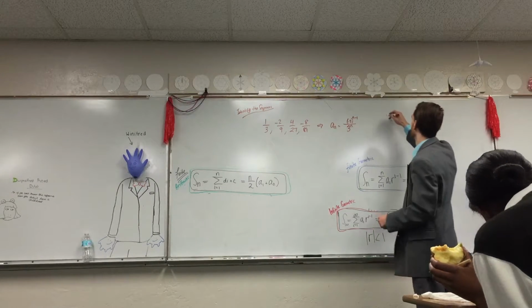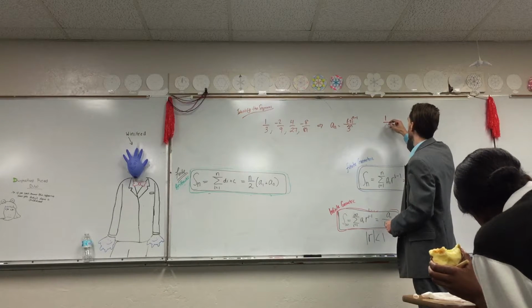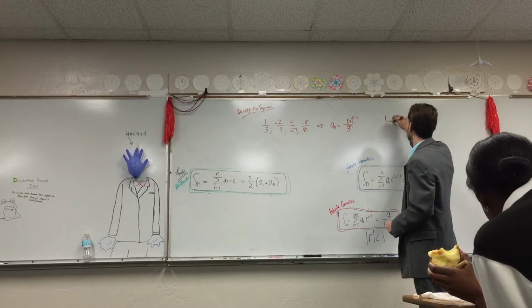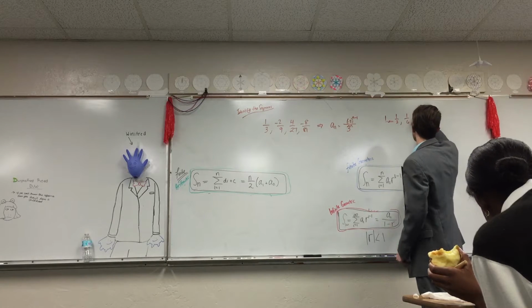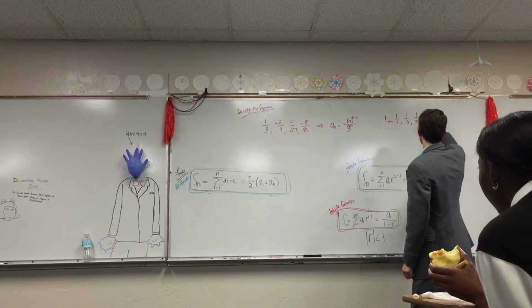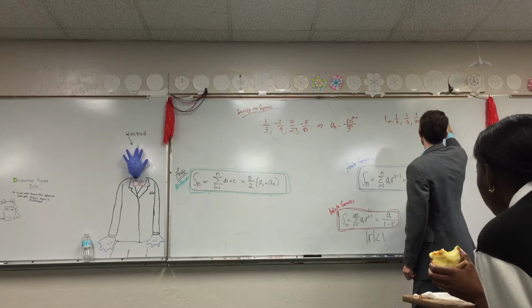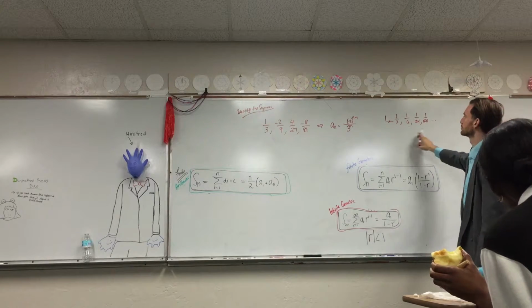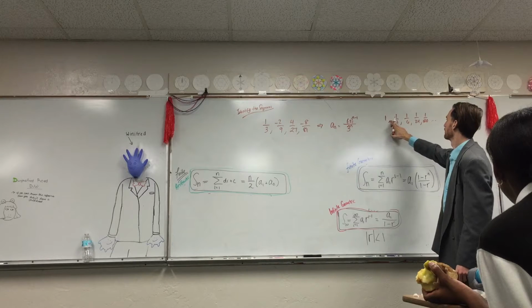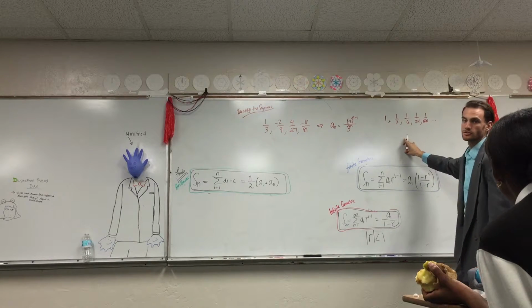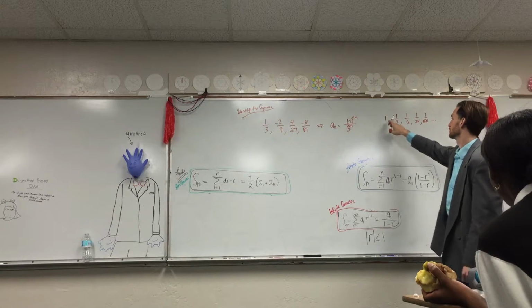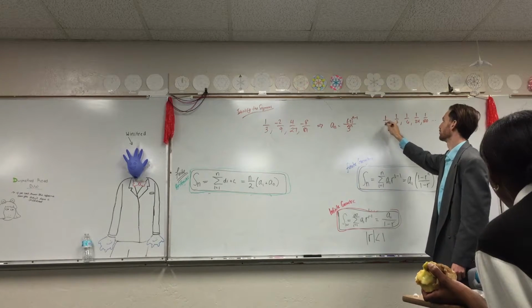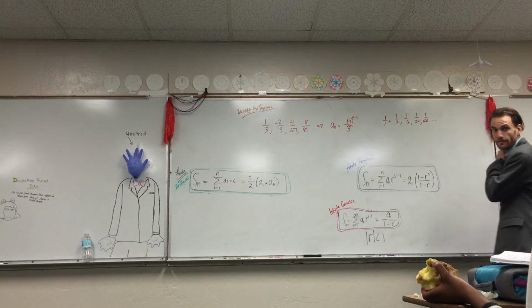All right, what about 1, 1 over 2, 1 over 6, 1 over 24, 1 over 120, dot, dot, dot. What does that first thing say? Just 1. So what's a good thing to do at first? Turn this 1 into 1 over 1, so it makes it easier to look at.